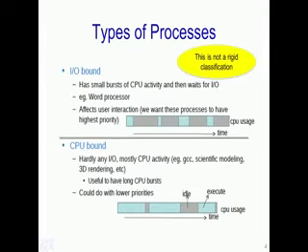This classification between I/O bound and CPU bound is not a rigid classification. That is, a process could be an I/O bound process at one time, and after some time it could behave like a CPU bound process. To take an example of a process which behaves both like an I/O bound as well as a CPU bound process, you could take Microsoft Excel.